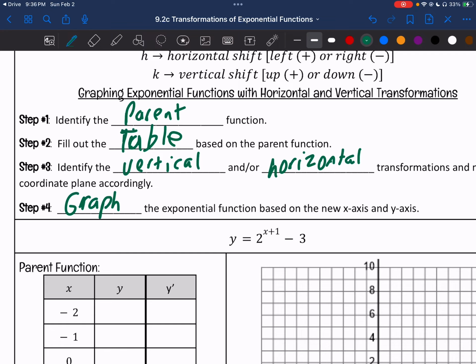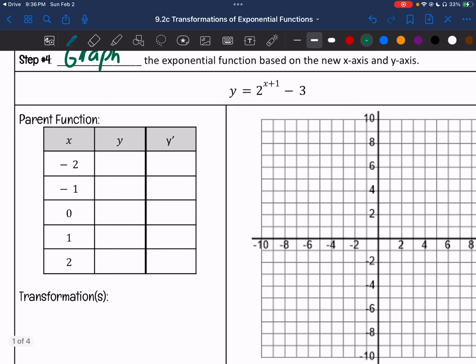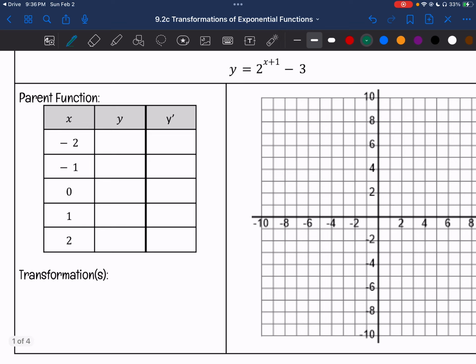So what are we doing? Let's look at our setup here. We have y equals 2 to the x plus 1 power minus 3. And when we set this up, what is our parent function? Well, if we strip away all of the superfluous stuff, it is just going to be y equals 2 to the x power.